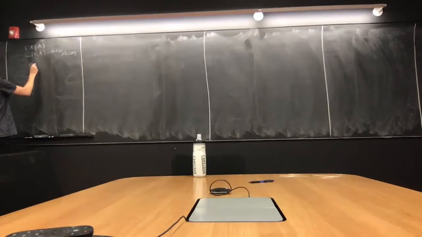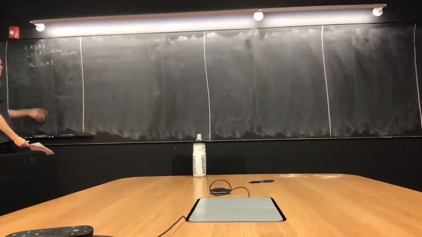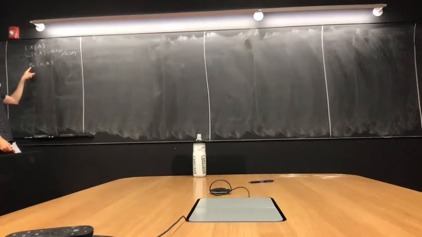And then you have the boundary defined the usual way. So this is basically cycles. This consists of cycles. Well, this consists of chains that are almost cycles, right?